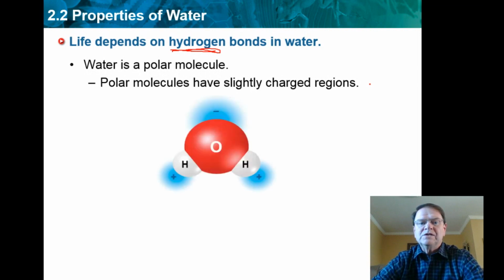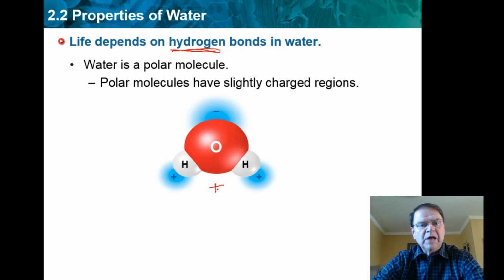There are some regions, as you can see here, that are negative, and there are some over here, where the hydrogen atoms are located, that have an overall positive charge. There's a relatively high concentration of electrons on this side of the molecule, and a relative lack of electrons on this side of the molecule. And so it's going to have a polar arrangement of those electric charges.